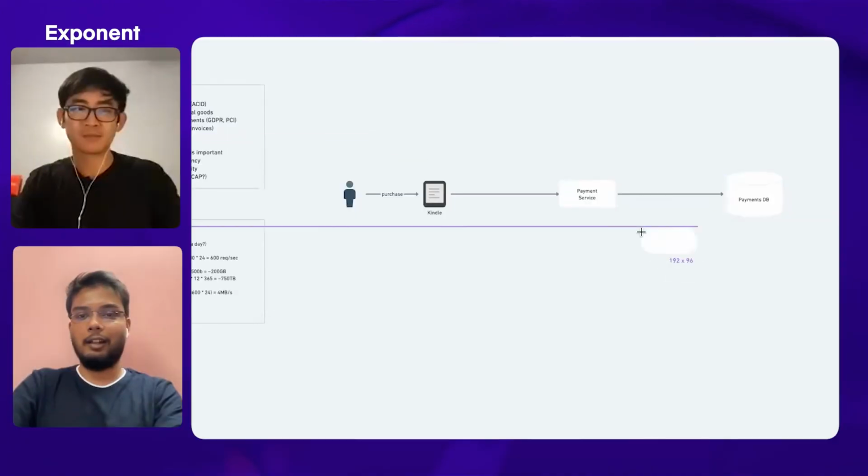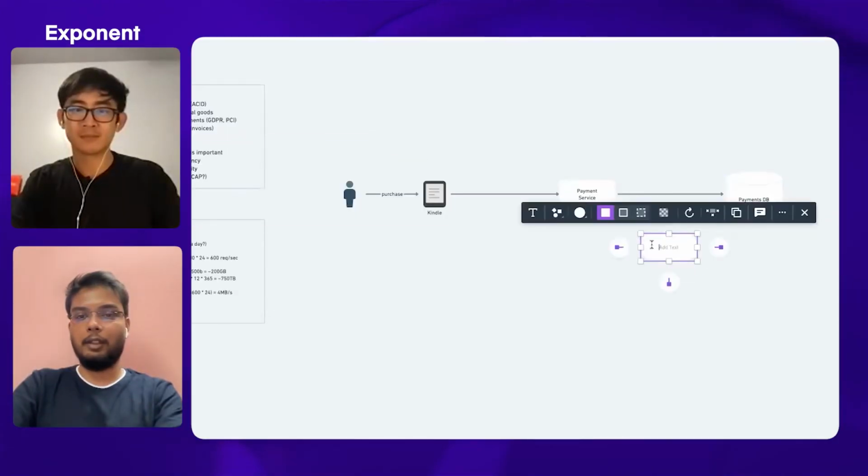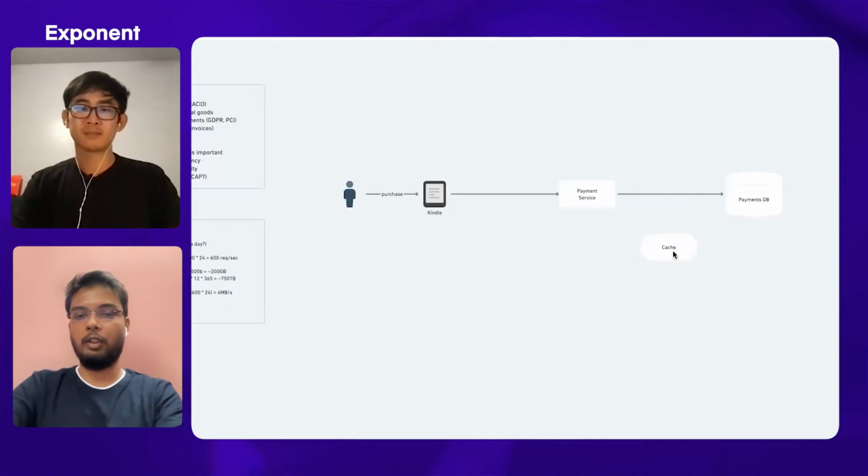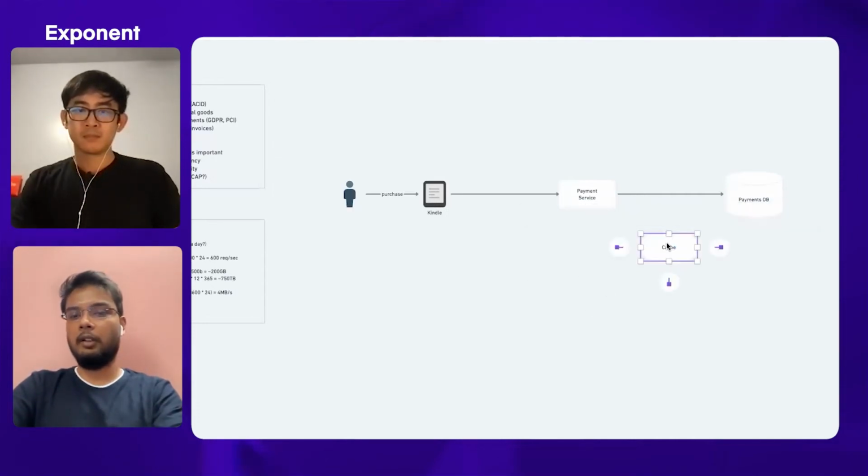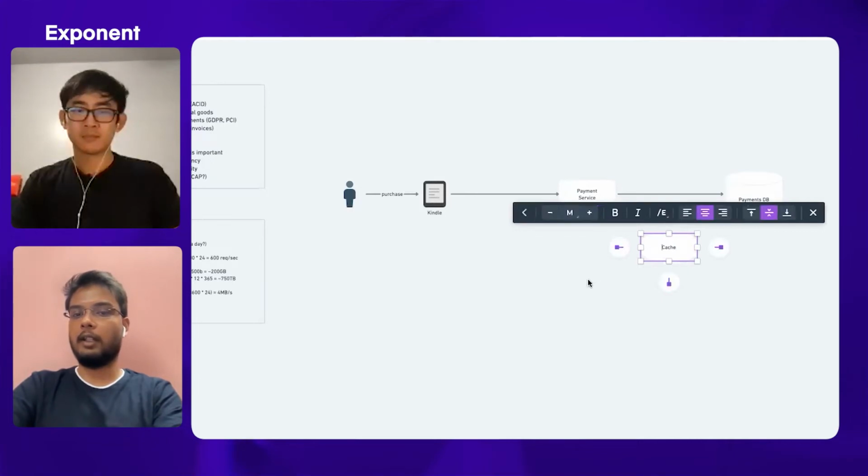Perfect. Okay. With every DB comes a cache. So let's try to add some caching. And I'll just briefly talk about caching. So in this particular system, Kevin, I don't think we need too much caching.